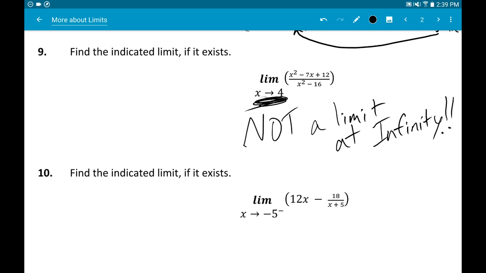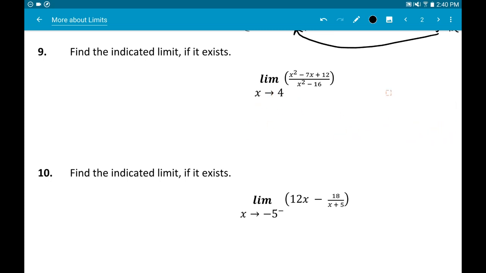Okay. You've got to be careful with that. This is going to be the 3 rules we learned back in the previous 2 sections we covered. This is x approaching a number. Okay, not approaching infinity. Okay, so let me get rid of this and we can work it.